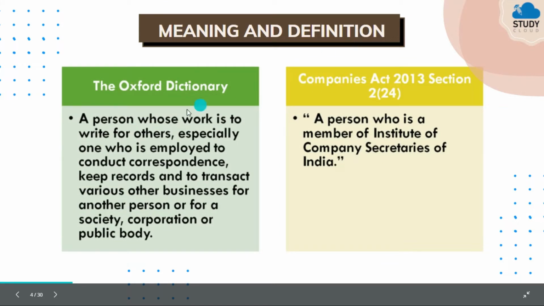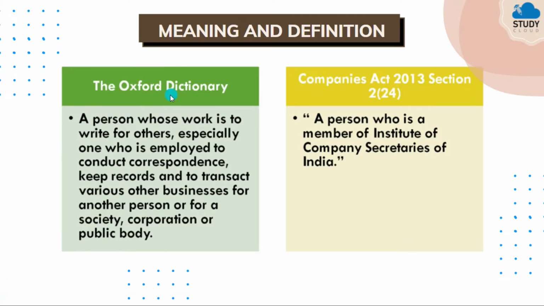Then meaning and definition. According to the Oxford Dictionary, a person whose work is to write for others, especially one who is employed to conduct correspondence. Now this definition we have to break in a few parts and understand.